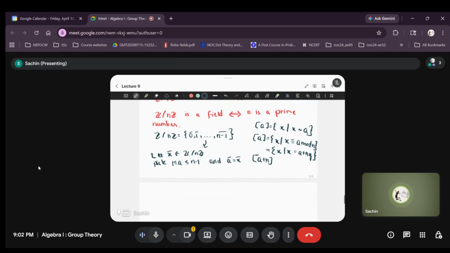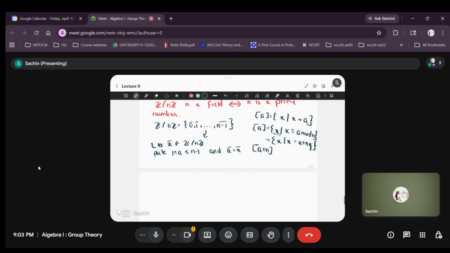So you actually pick a representative element in this set. Any element in this set, you can write it as the equivalence class of that element. So here the equivalence class of 0 is minus n, 0, n, 2n, etc. But this is also equal to the equivalence class of n.